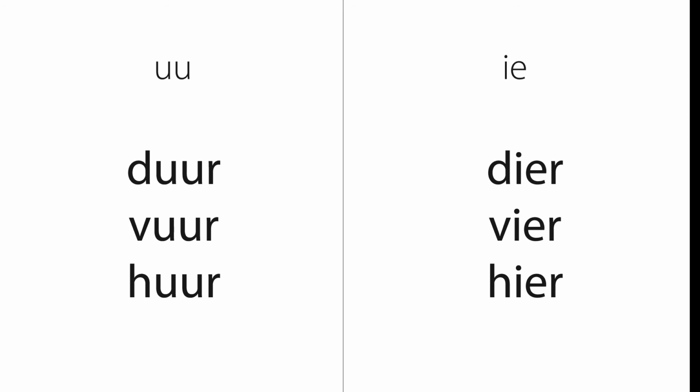we have duur, like I put it here, but we also have dier, with the IE. The difference between the two is that the double U is a very long, stretched, deeper sound than the E. For the U, you round your mouth, whereas for the E, it's almost like you lift up your lips in a smile.